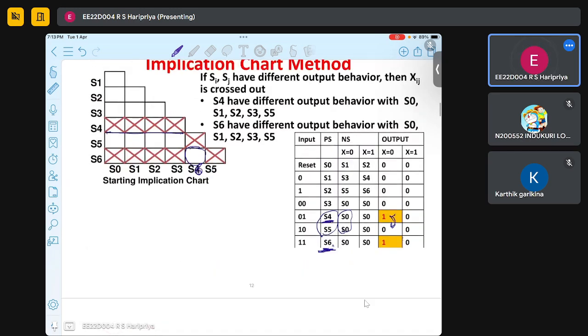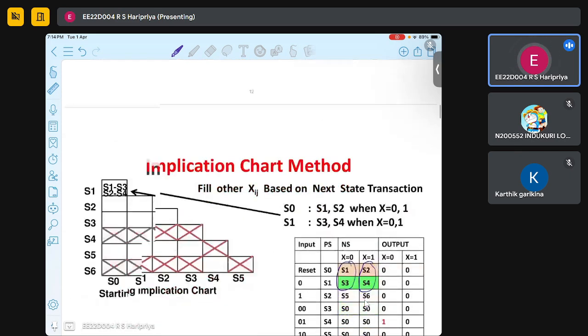And for S6, it is not equivalent to any other state except S4. So this we leave blank and other states are removed. S5 and S4 also are not equivalent, so cross. First step, based on output, we have eliminated.